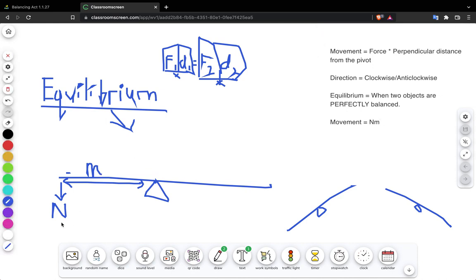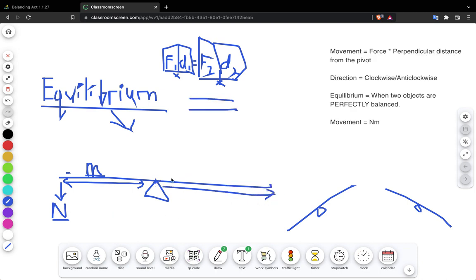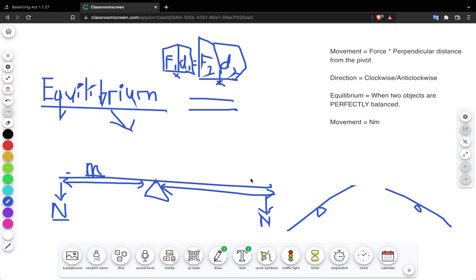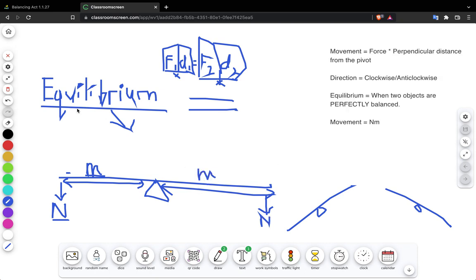Alright, so back to this. Force F1 into D1, which is the moment one, is completely equal to the distance here and the newtons, or the weight here, the force. These should be completely the same. Only then will the object be in balance.